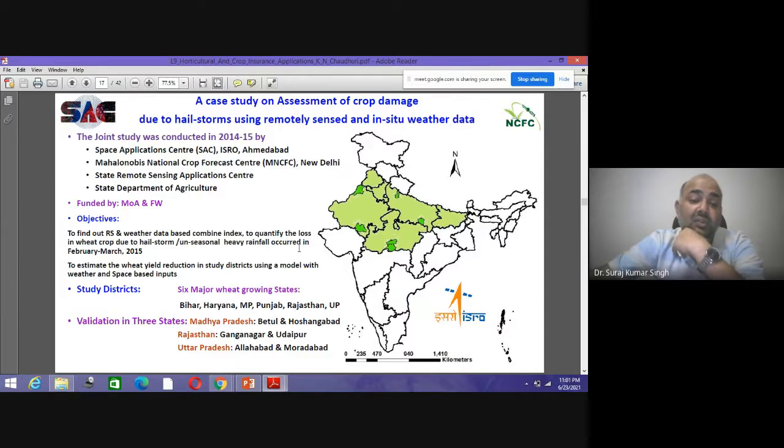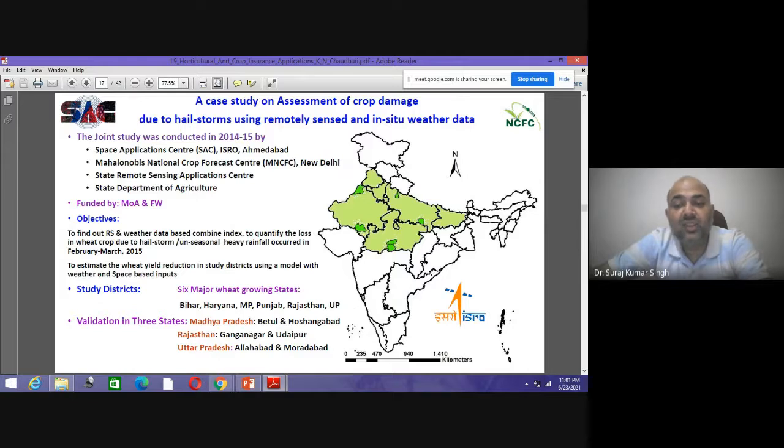Unseasonal heavy rainfall occurred in February 2015, and the yield reduction in the study area was estimated using a model with weather and space-based input. Six districts were taken: Bihar, Haryana, MP, Punjab, Rajasthan, and UP. Validation in three districts was performed: Madhya Pradesh, two spots, Rajasthan, two spots, Uttar Pradesh, two spots.